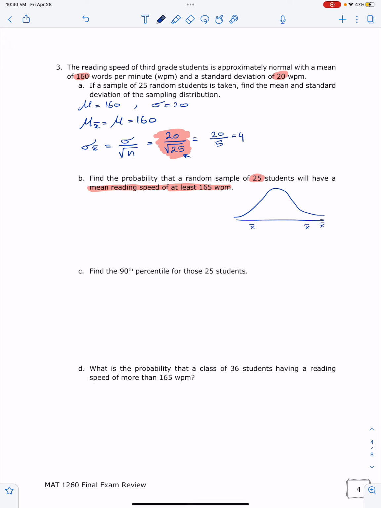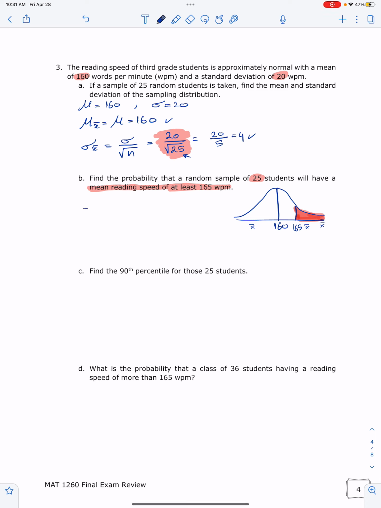This is the distribution of sample means, which means I will need to use the new mean and new standard deviation. I will put the mean in the middle, 160, and then at least 165. 165 is approximately here. At least meaning it could be that, but more. So it is this area, the area above. Okay, now we know how to find the area above.